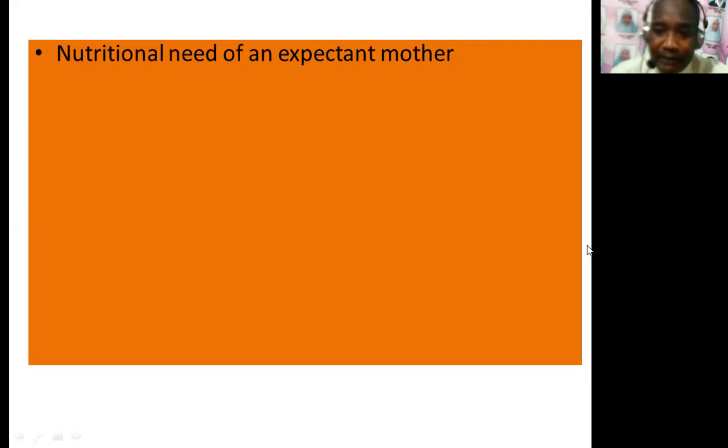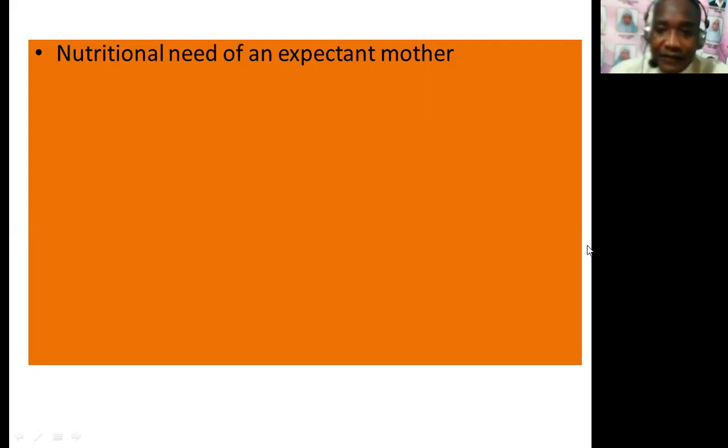When we talked about the digestive system, digestion is the removal of waste products from the body. So if they take enough foods rich in fiber, it enables them to get rid of waste products from the body, that is digestion.